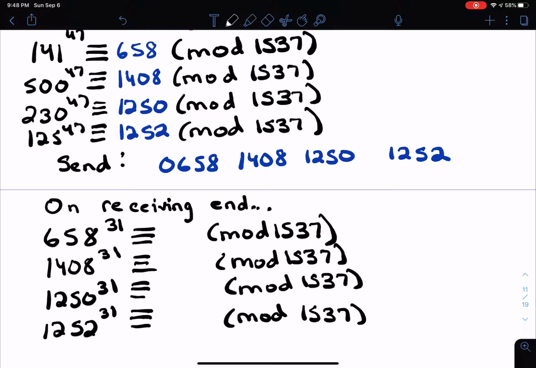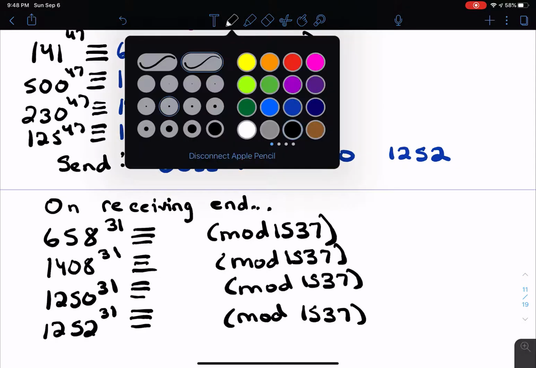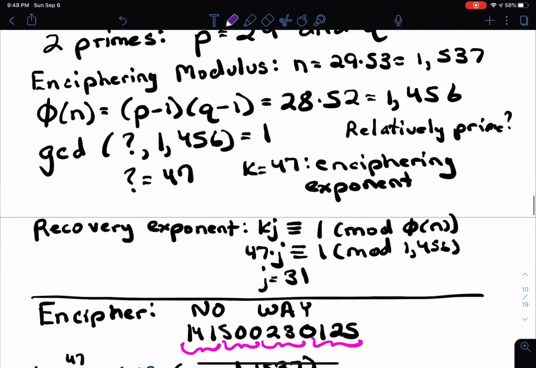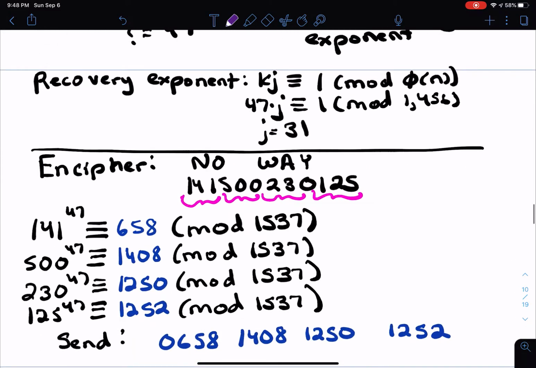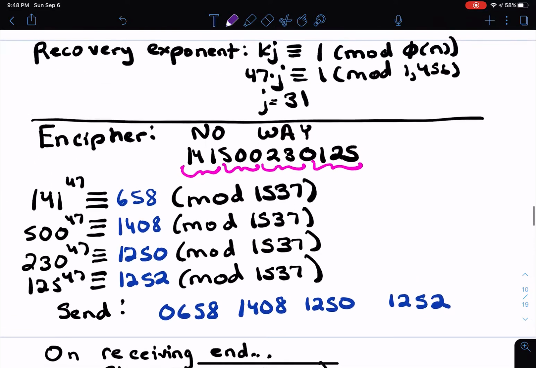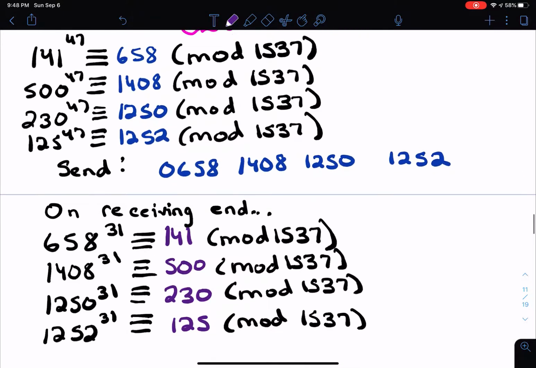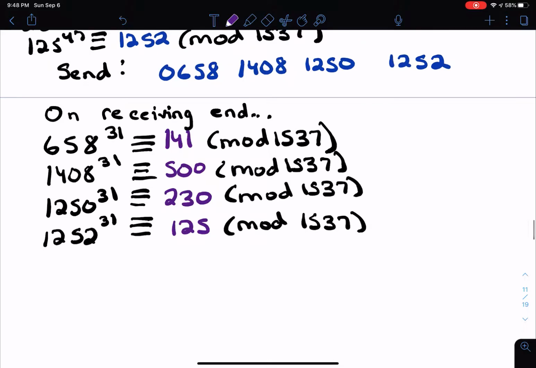And if they work it out, they would get 141 here. They would get 500 here. They would get 230 here. They get 125 here, which should look familiar. So you go back up. There's your 141, your 500, your 230, and your 125. So it would bring you right back to those numbers. And then they would know how that all matches up in the string to the letters.